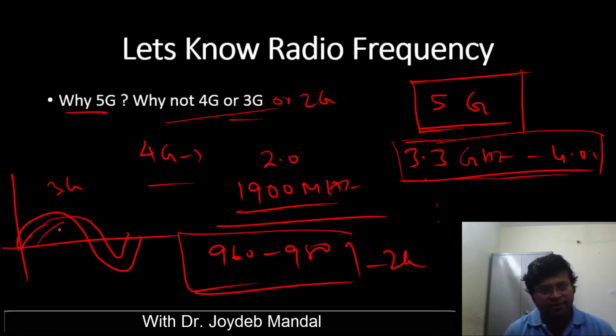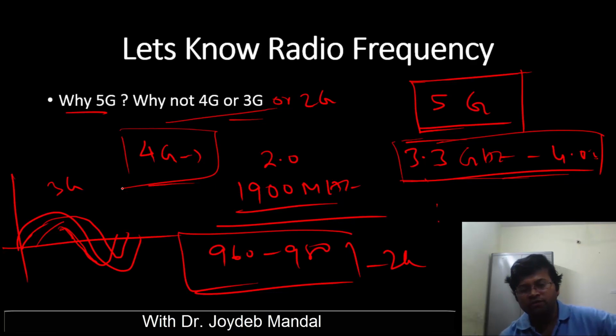With different phase shifts you can still collect the same signal. So several messages are introduced at the same time, you get more bandwidth and can share more data. That is the key concept of 4G. Anyway, over 4G, why are we going to 5G? Because it is an increment of frequency, we are always going to the higher frequency side.